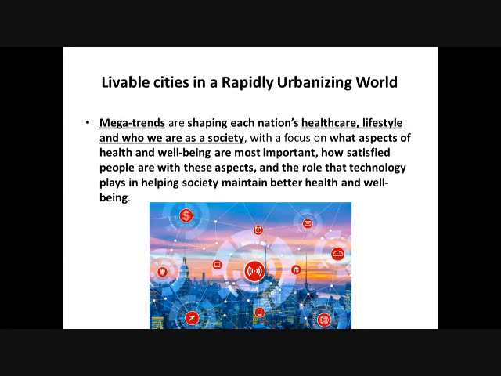All over the world, there are mega trends that are affecting our cities. First is healthcare. Healthcare will become a major issue in studying cities after the conditions that we are going through now.